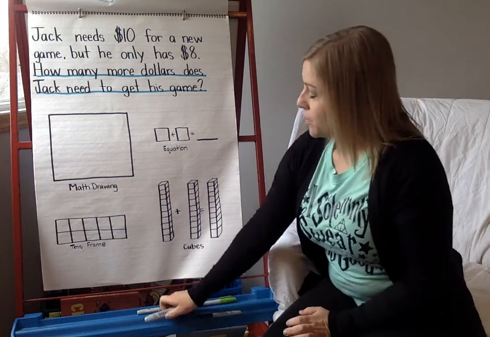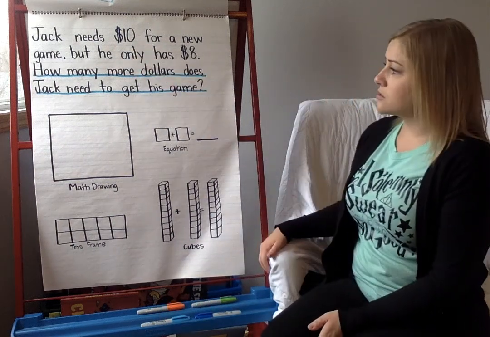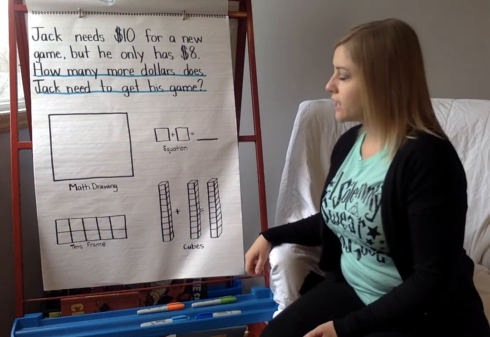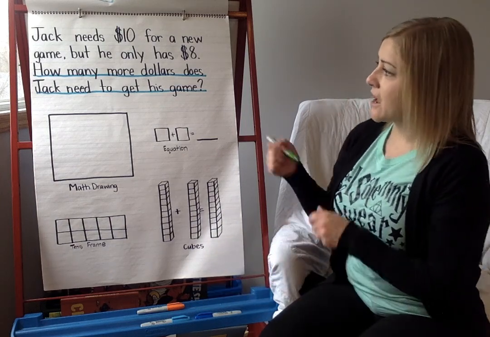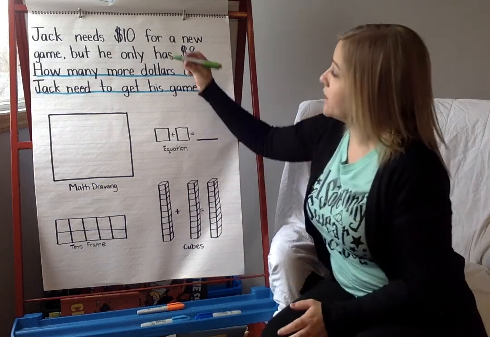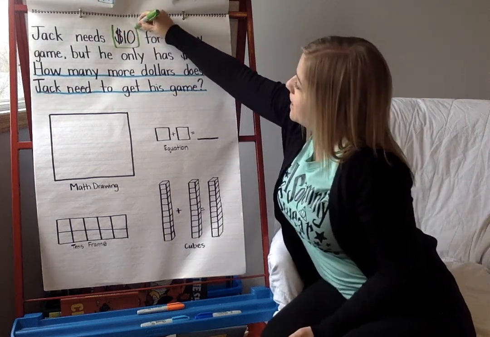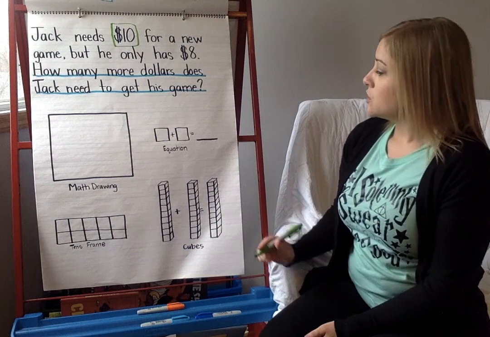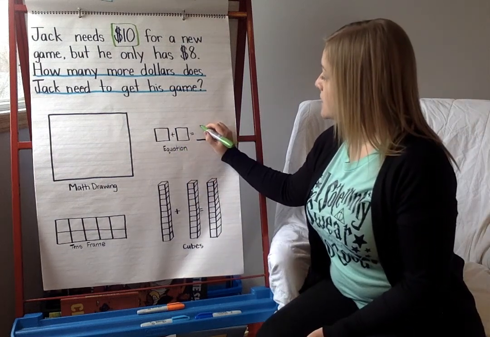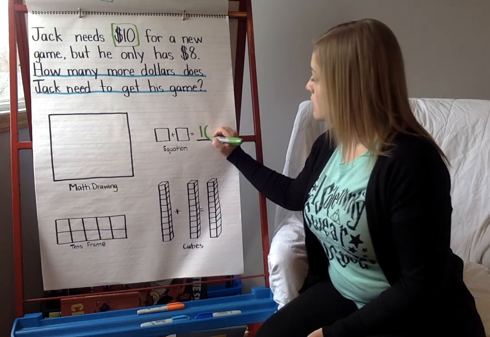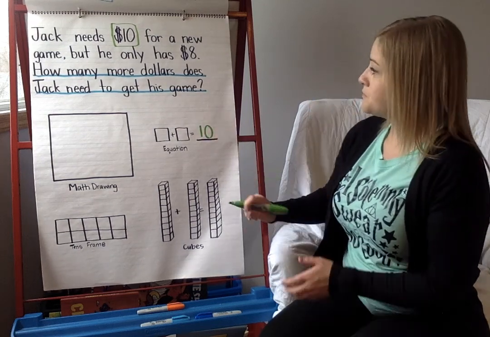Now, it says Jack needs $10 for his game, but he only has $8. So we know that at the end, in total, he needs to have $10. So when we look at our equation, we know that he needs to have a total of 10.